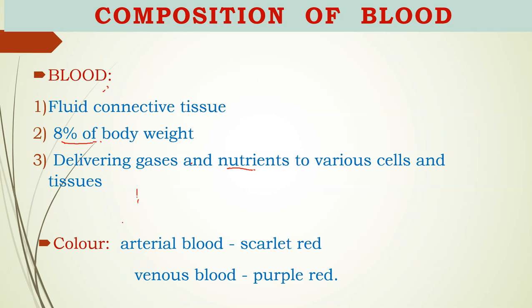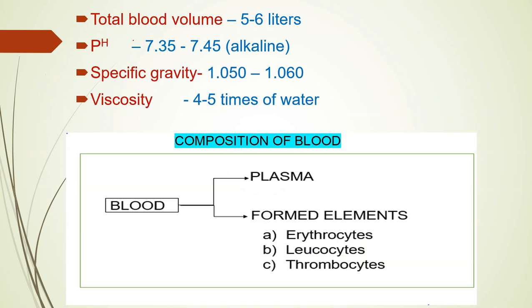Coming to the color, the arterial blood is scarlet red because it is oxygenated, and the venous blood is somewhat purple red in color because it contains deoxygenated blood.